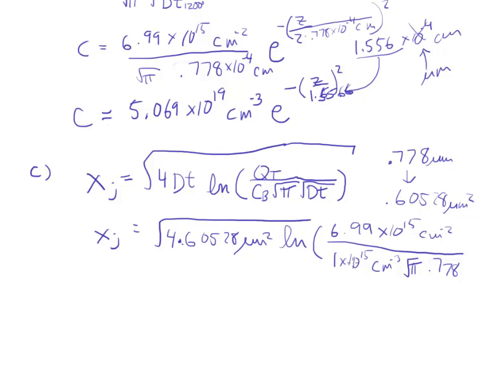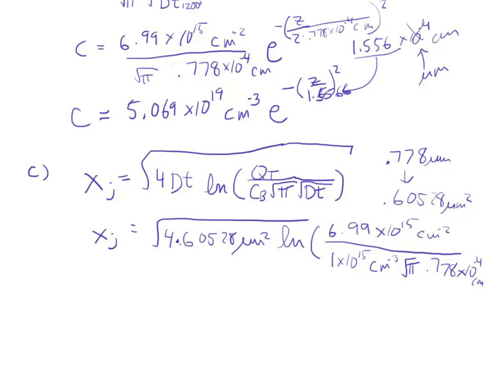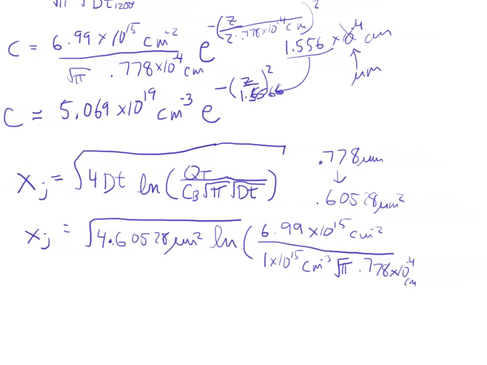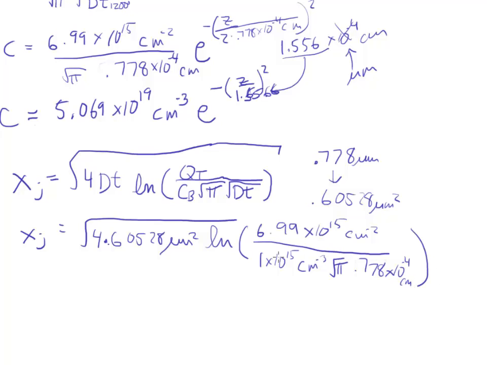Now remember, this is inside a log, so all my units are going to have to cancel, so I'll have to convert this to centimeters, so times 10 to the minus 4th centimeters. And then when we're done with all that, we're going to take the square root of the whole thing.